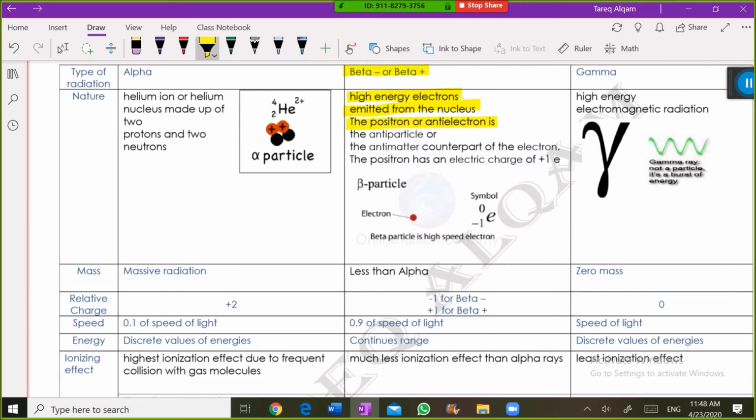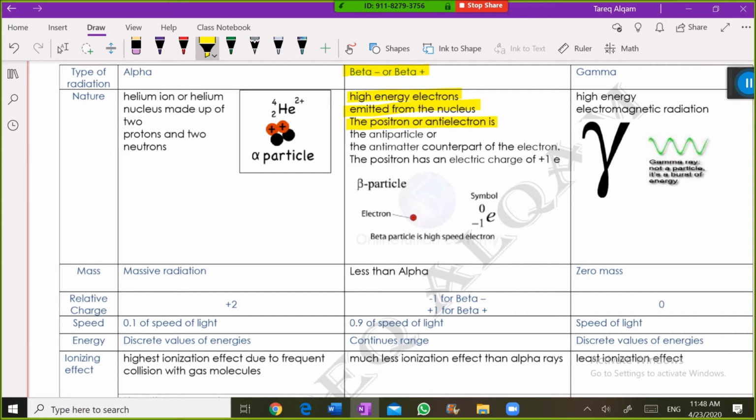The positron is the same as the electron, with the same mass, except it has a different charge. This is called a positron, or beta plus. So we have two types of beta radiation, either beta plus or beta minus. Either electrons are emitted from the nucleus or positrons are emitted from the nucleus.